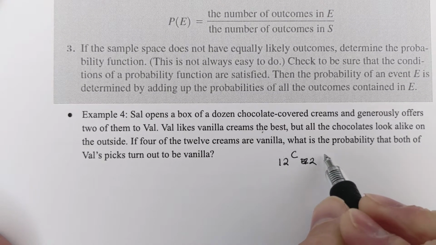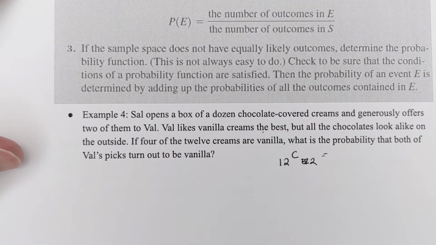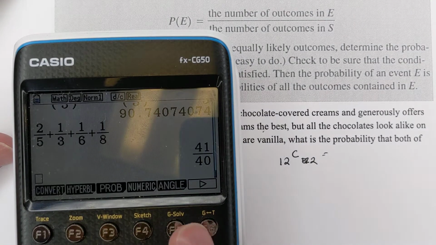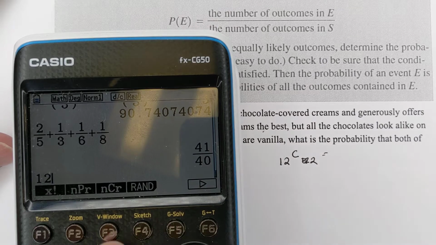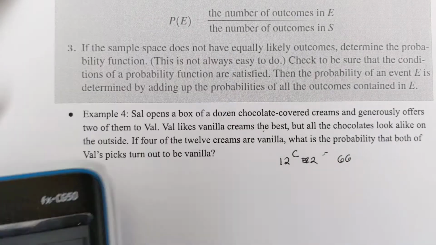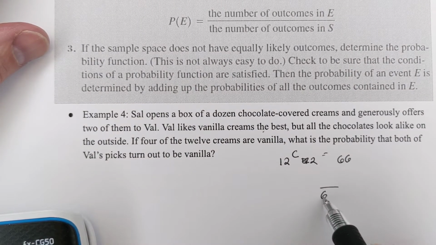12 total. I need to pick 2 of them. So that comes out to be, let the calculator handle it, 12 choose 2 is 66. There's 66 different ways Val can choose that. So that's the number on the bottom.